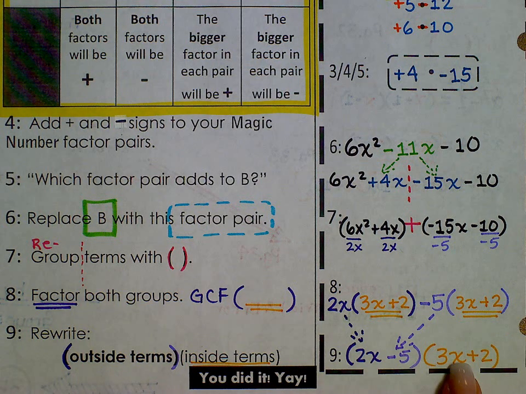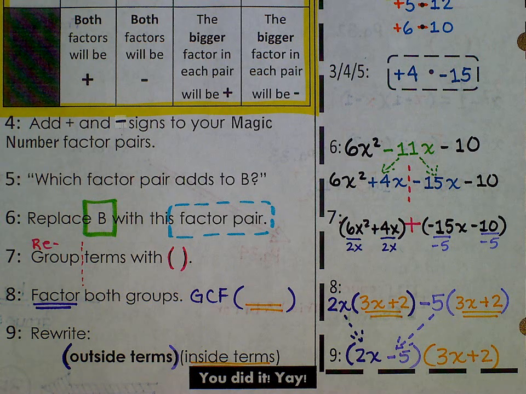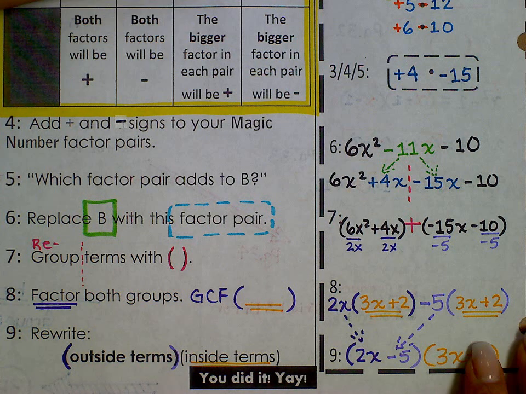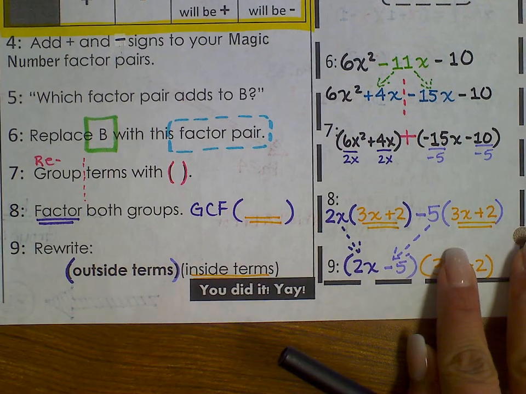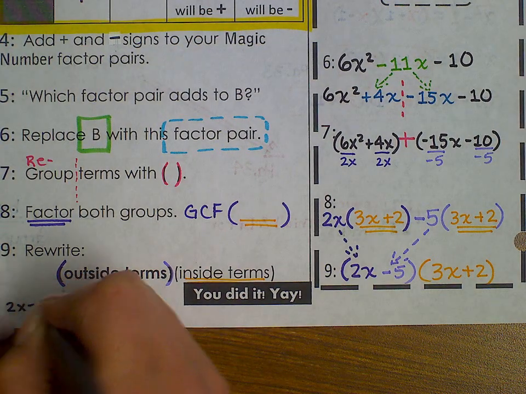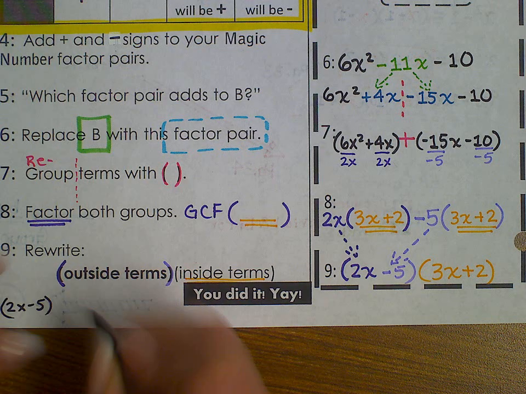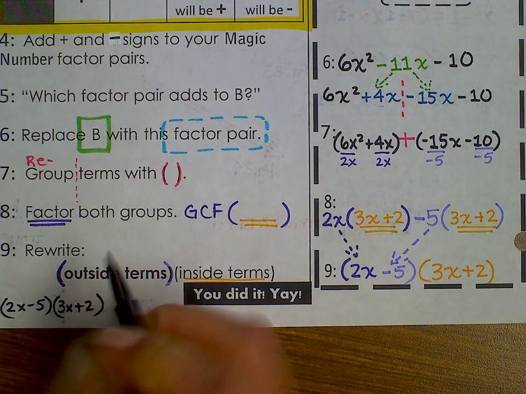Now, why do you think 3x plus 2 is on here 2 times? How do you distribute?